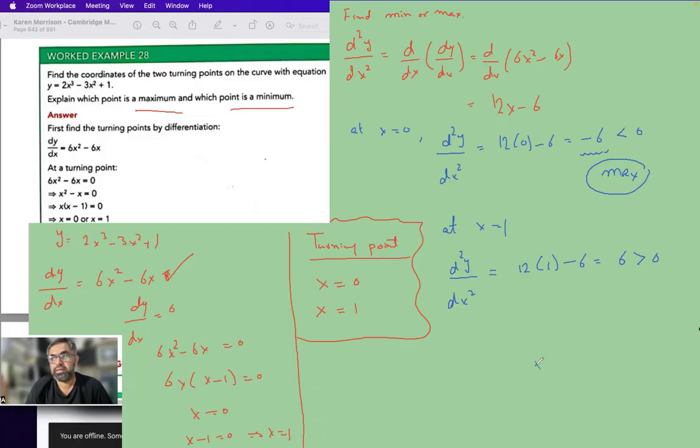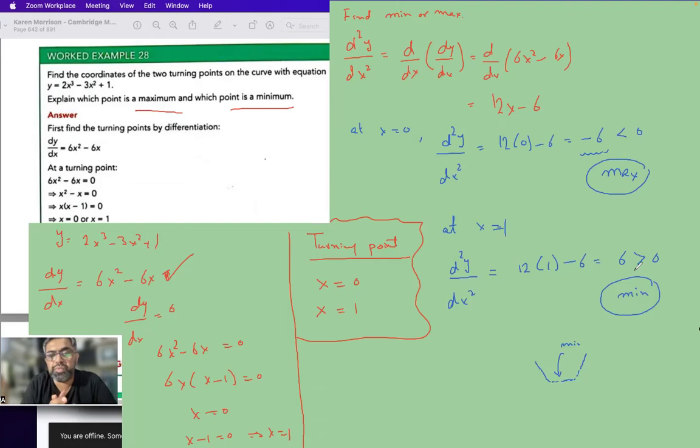Slope is changing in a positive direction, it is increasing. Slope is coming negative, becomes 0 at the turning point, and then it becomes positive. So this behavior is at a min point. So x is equal to 1 is our min point. So we have figured out which point is the max point and which one is the min point.